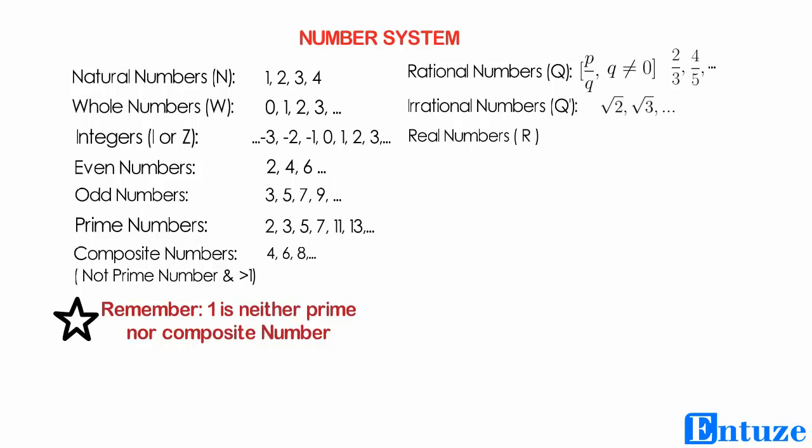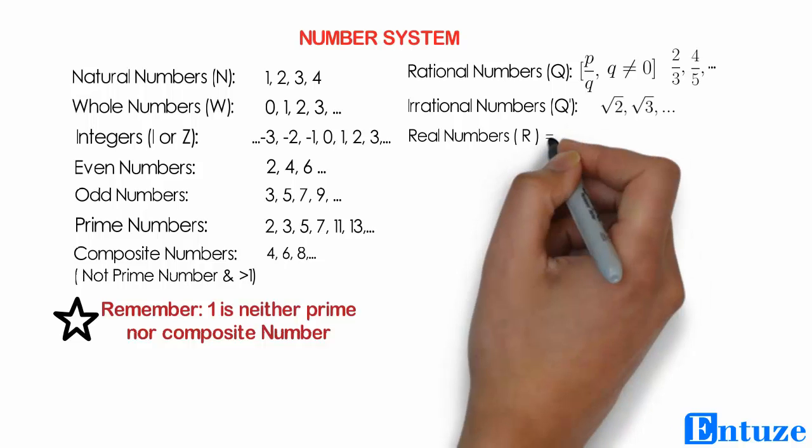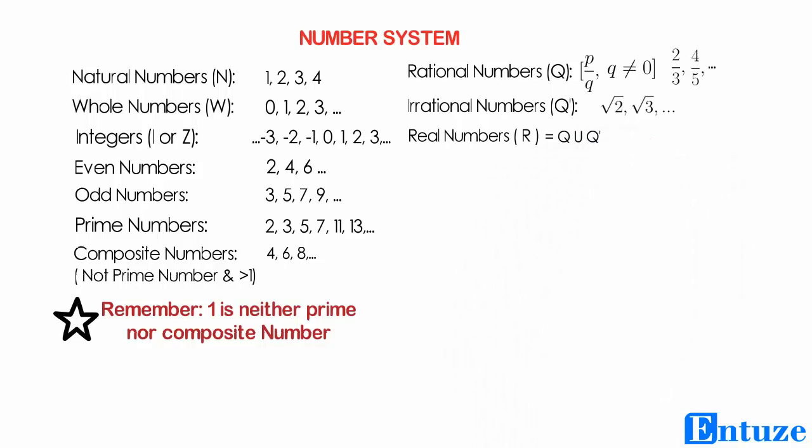So the real numbers are a combination of both rational and irrational numbers, which you can represent as Q union Q dash. So it's called the real numbers. Real numbers include positive numbers, negative numbers, rational numbers and irrational numbers.